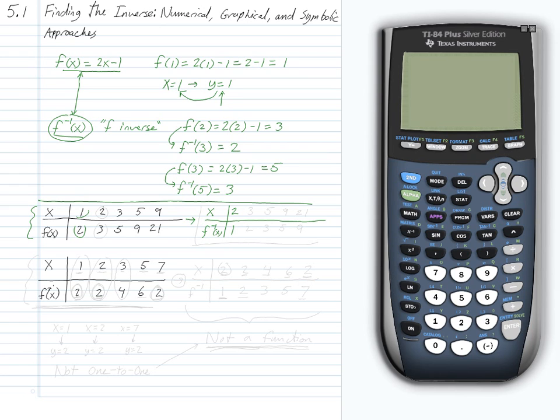Similarly, our original function takes 2, gives us back 3, so our inverse will take 3 and give us back 2. And we can continue in this fashion. Our original function has 3 as an input and returns 5, so our inverse will take that 5 and turn it back into a 3 for us. And so on.